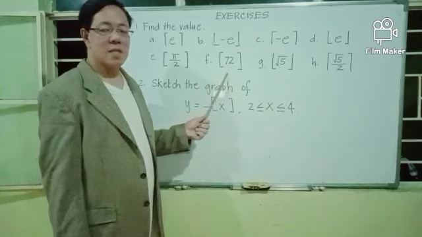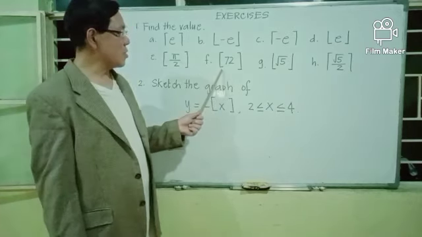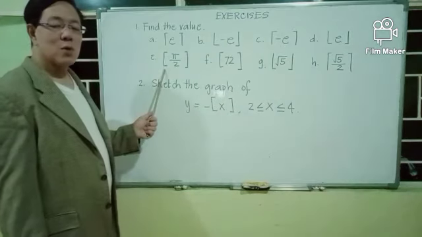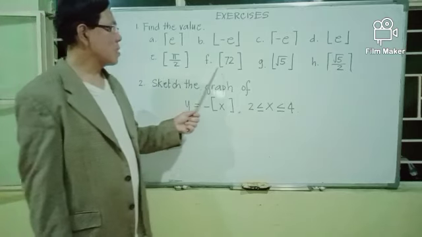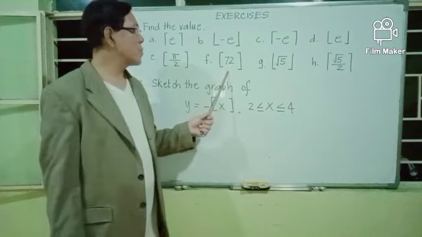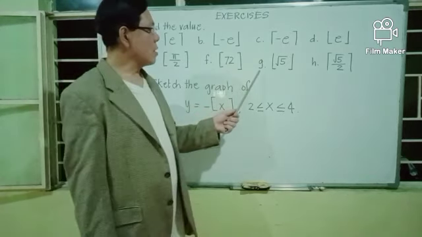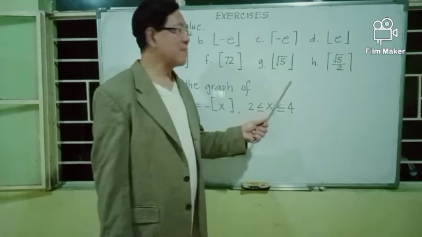Letter F, the same notation for the floor of 72. In letter E, you want the greatest integer that is less than or equal to pi over 2. In letter F, you want the greatest integer less than or equal to 72, and that's the floor of 72. In letter G, you want the floor of the square root of 5.